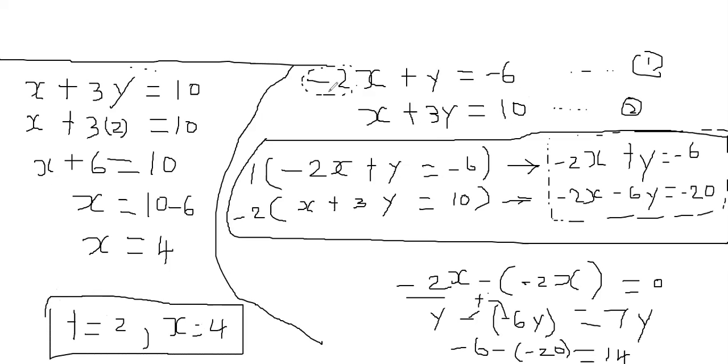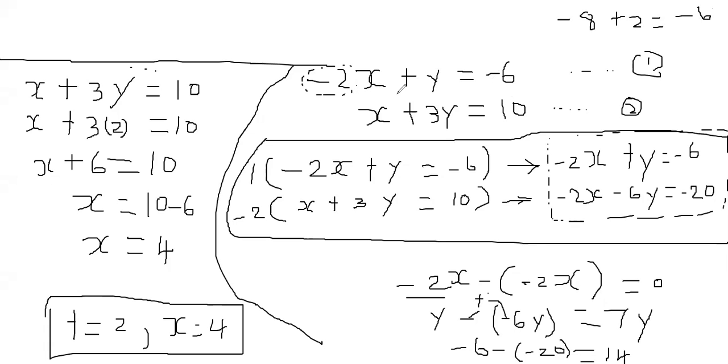We have negative 2x plus y equal negative 6. We know x is 4, right? So negative 2 times 4 gives us negative 8. Plus y, we know y is 2. Plus 2. Did it give us negative 6? Yes, this will give us negative 6.